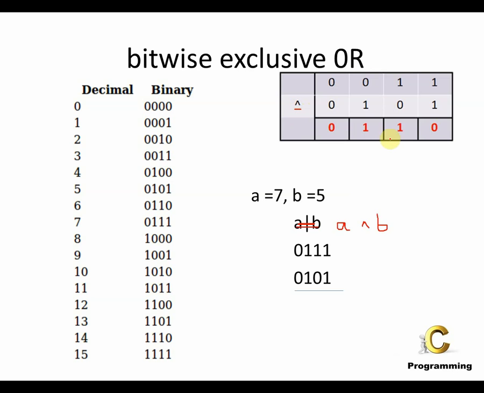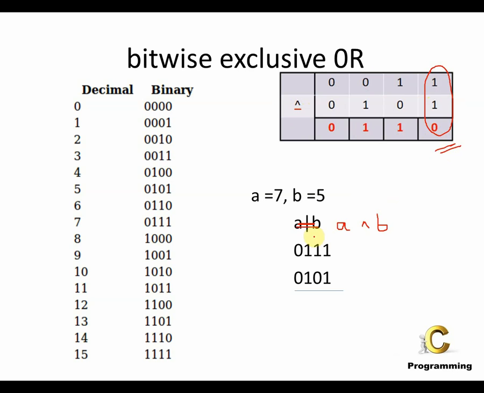This is the truth table which I have placed over here for you all to refer. The difference between exclusive OR and OR is the case where it is 1 or 1. In an exclusive OR, 1 or 1 is 0. That is the only difference. Rest all the cases remain the same.